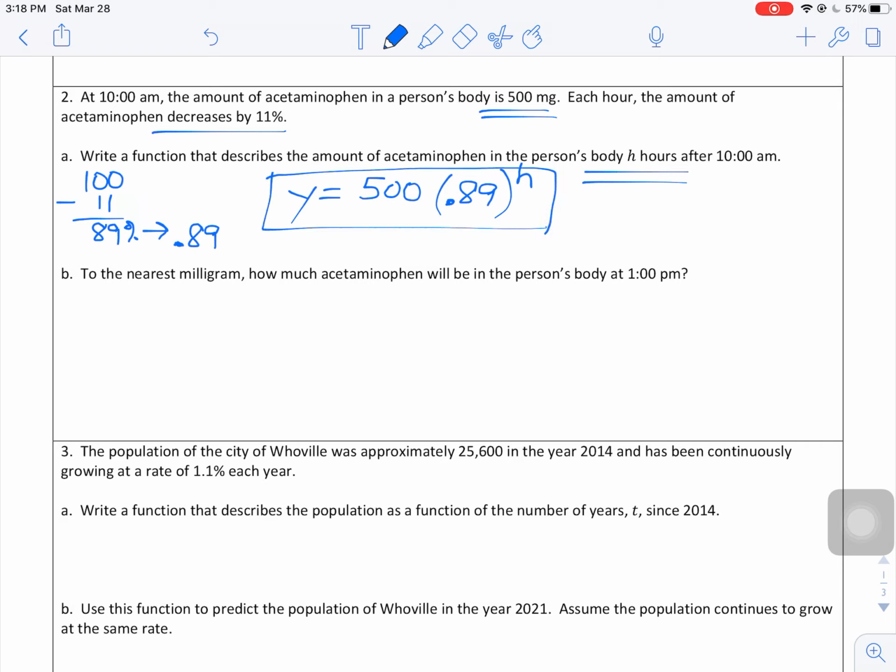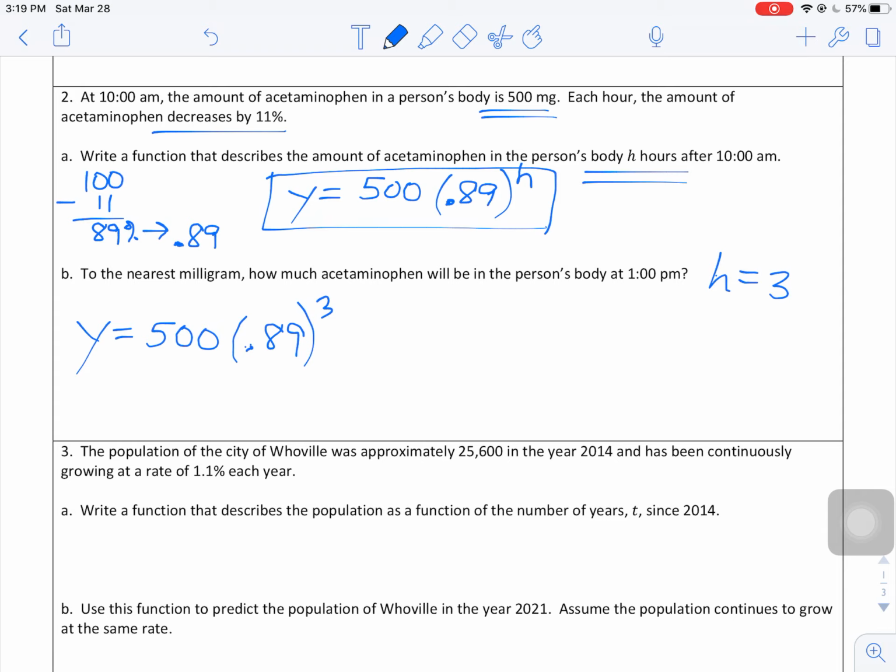On part B, to the nearest milligram, how much acetaminophen will be in the person's body at 1 p.m.? Remember, h is the number of hours after 10 a.m. So 11, 12, 1, that would be 3 hours later. We're just going to use the same formula we came up with in part A and plug in 3 for the h value.